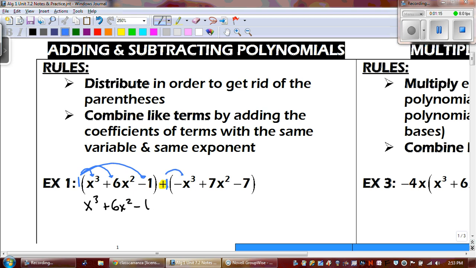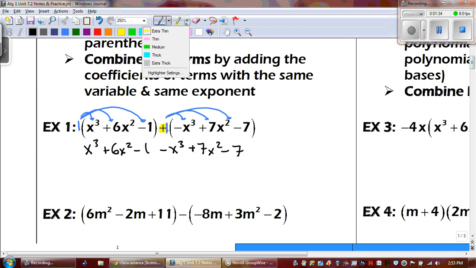Anytime you do that, we just keep the number because 1 times anything is the number. Okay, so now that we've distributed everything, we need to combine our like terms.